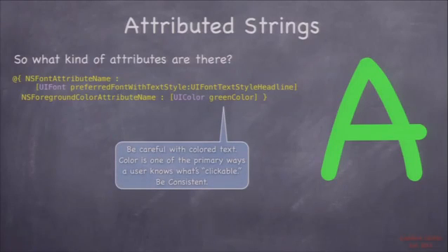Be a little bit careful when you create an attributed string that has colored text, because in iOS 7, the color of text sometimes is an indicator to the end user of what they can touch. It turns out apps in iOS kind of have a theme, a color theme. The default is blue. That's why the buttons that we make in Machismo will be blue.